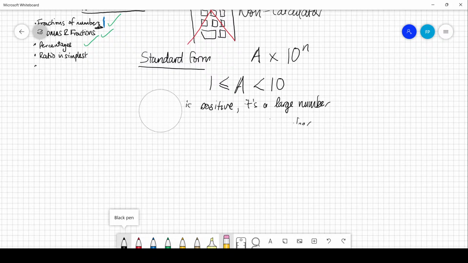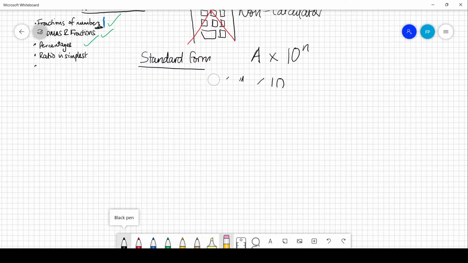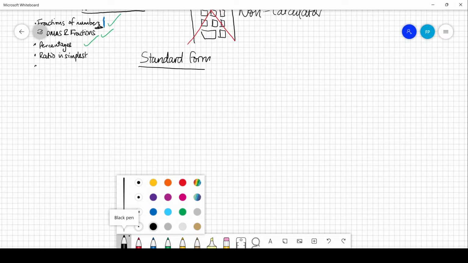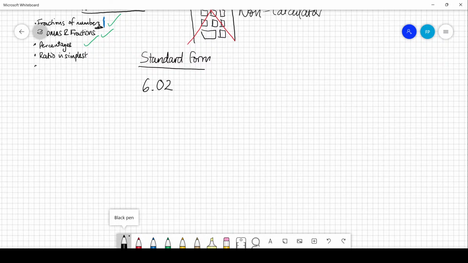From chemistry, you might remember something called Avogadro's constant, a very special number, which determines how many particles will make up 1 mole of a substance. And this number is, let's say, 6.02 times 10 to the power of 23.